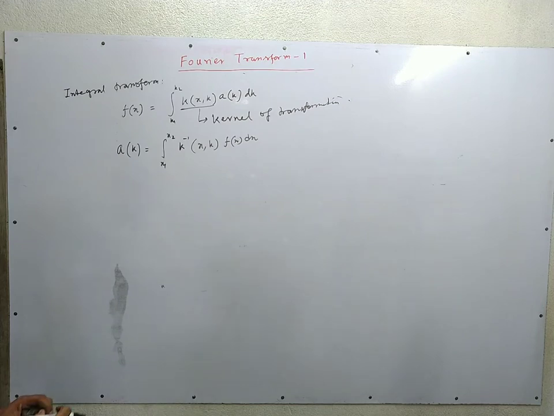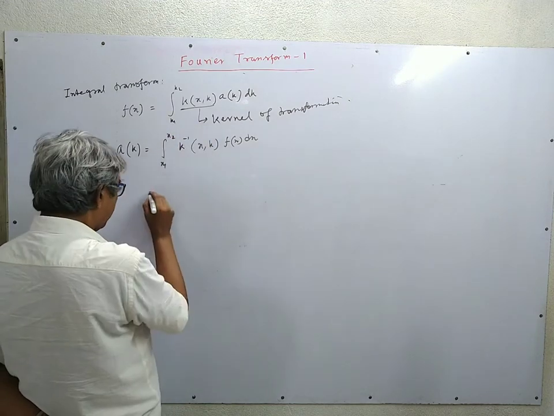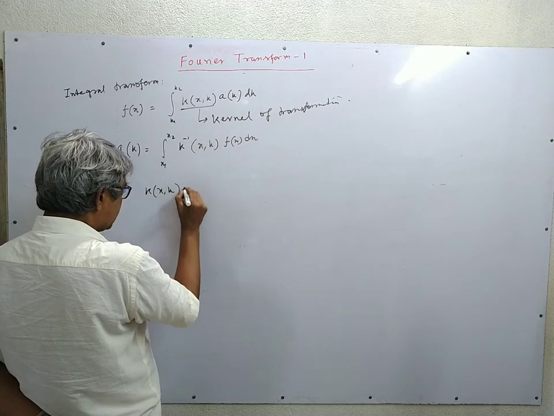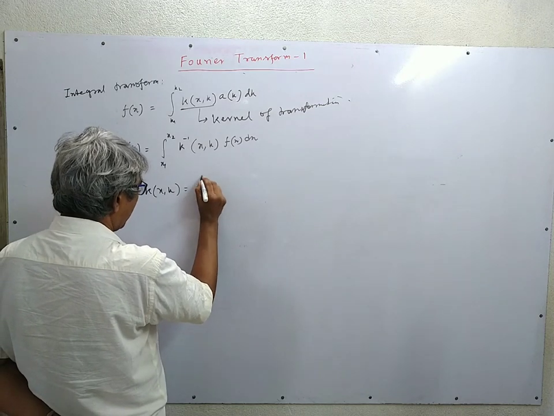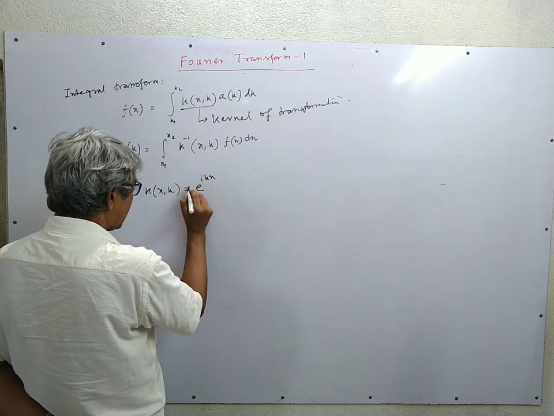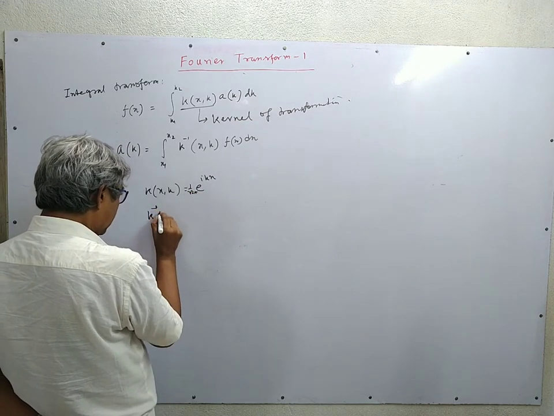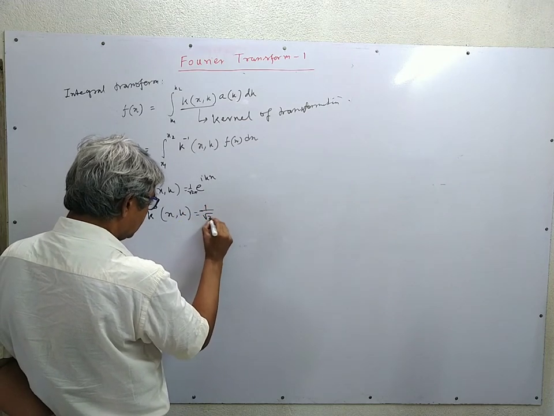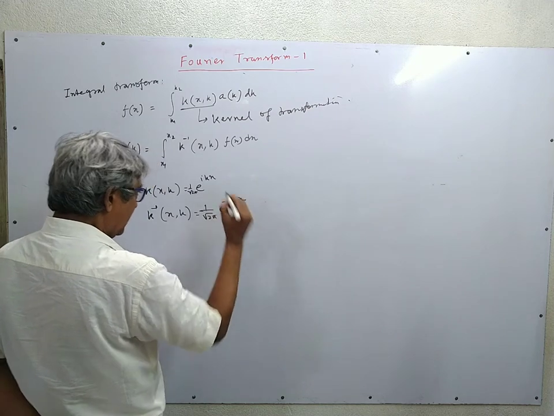Now, as in the case of the Fourier transform, the kernel for the forward transformation K of x, k is e to the power ikx and 1 by root 2 pi, and the inverse kernel is this.